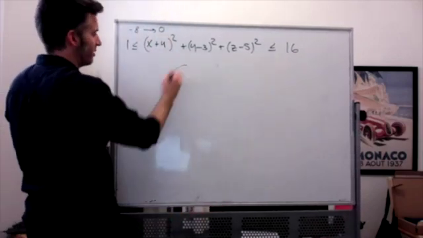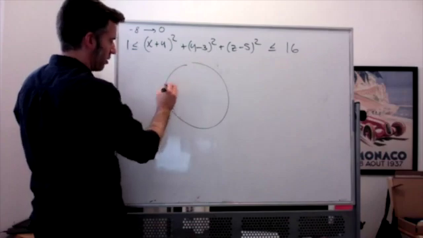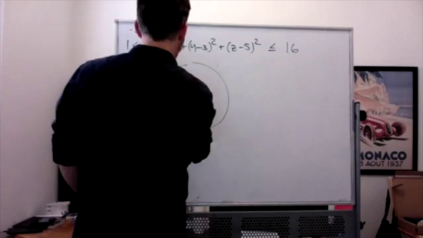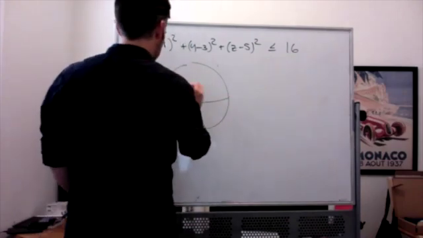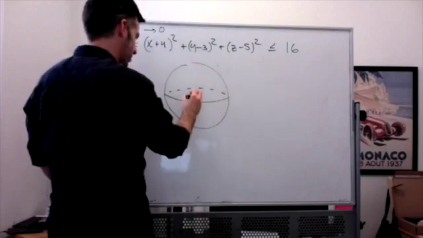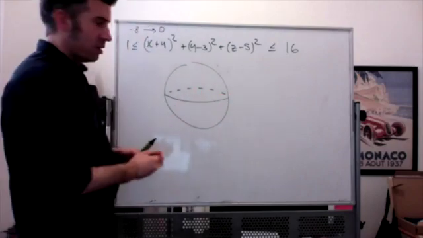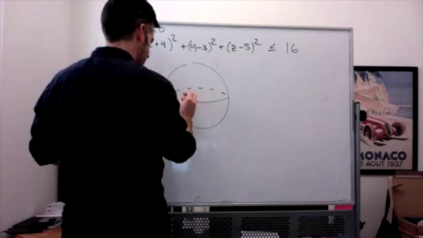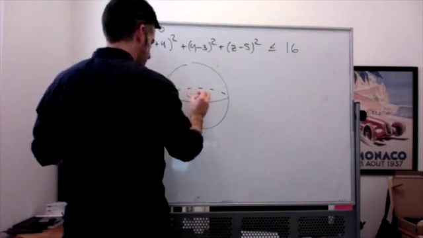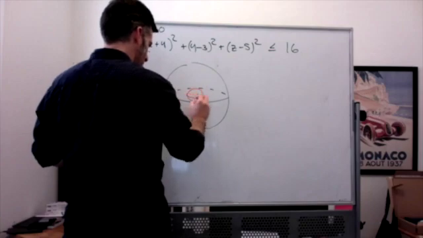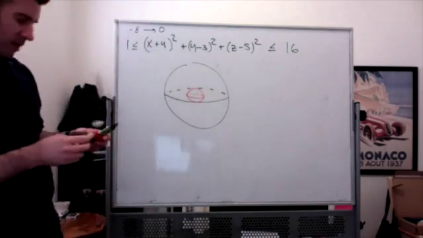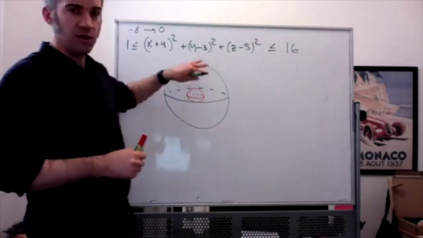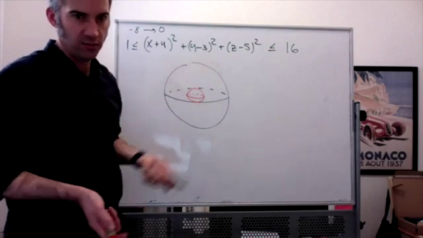You're taking this radius 4 sphere and you're taking out the radius 1 sphere. Right? That's what we've got. You've got all the stuff in between the black and the red sphere.